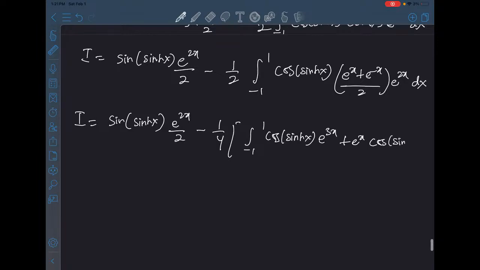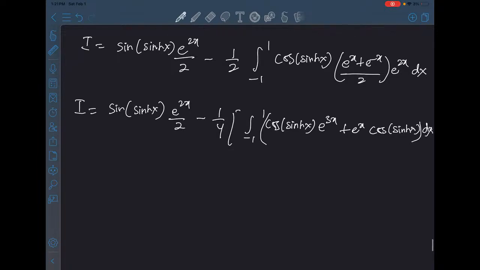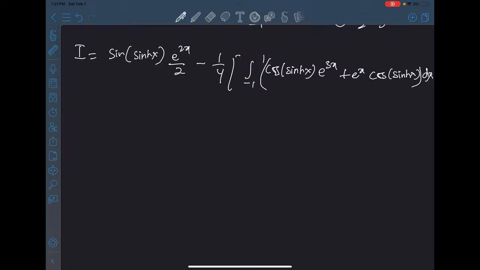How is that even helpful to me? No. I can again do integration by parts.